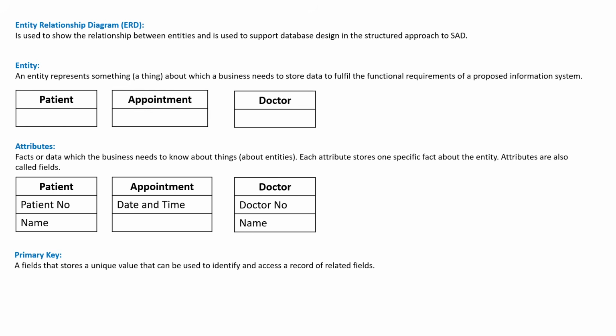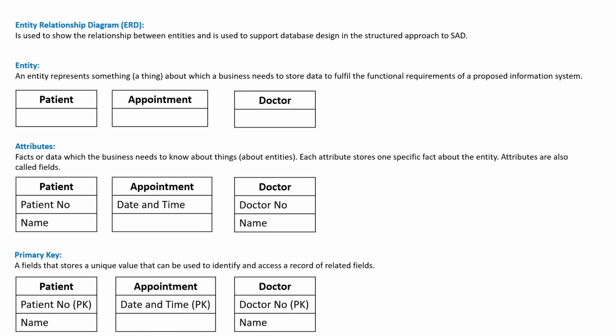For this instance, we are using a patient number, which can be a uniquely generated number for each patient that's captured on the system. The appointment date and time can be used as a primary key, and the doctor number can also be used as a primary key to uniquely identify the doctor.